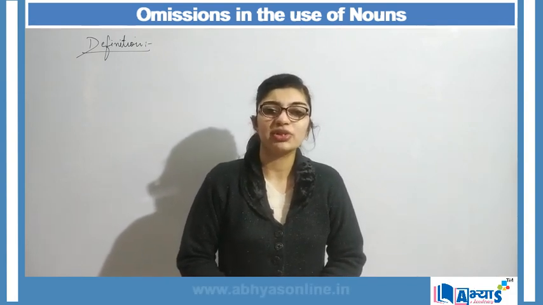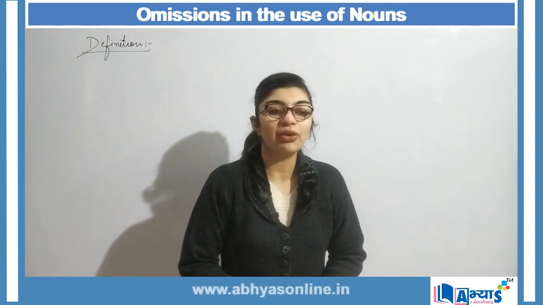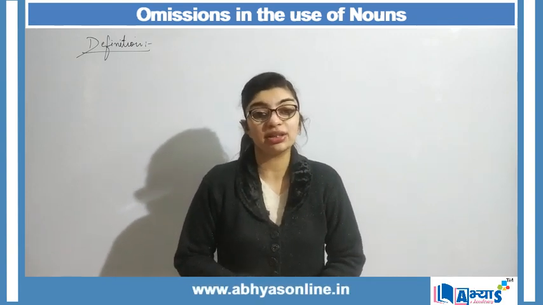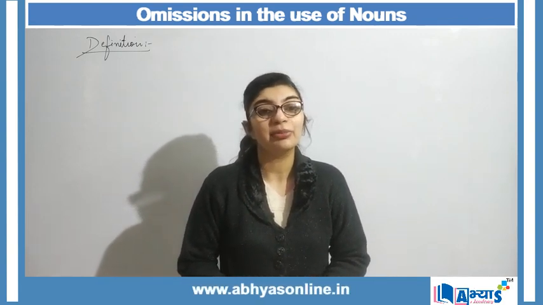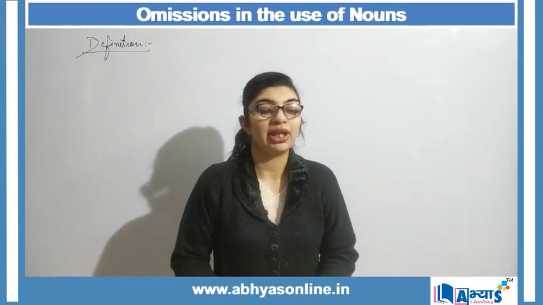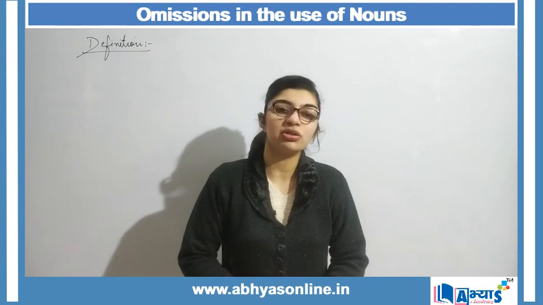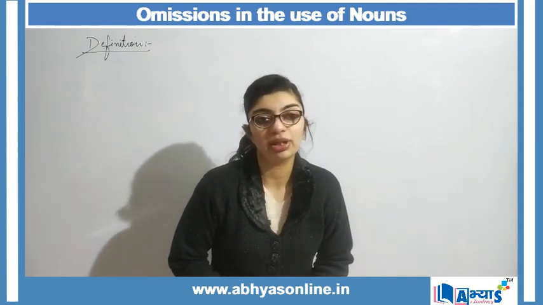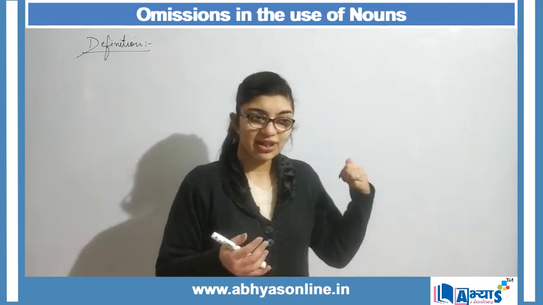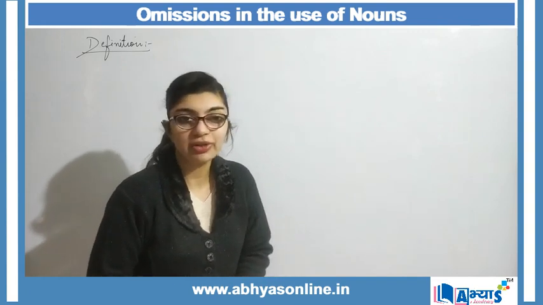Now, what are nouns? Nouns are basically the name of a person. It can be a place, animal, thing. It can also be an idea or a feeling, or any kind of concept can also be considered a noun. So let us first begin with the definition of noun.